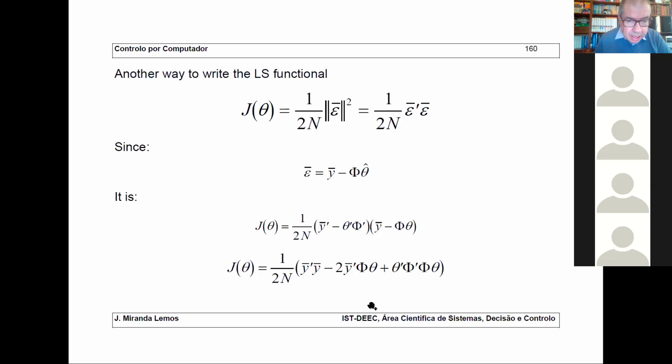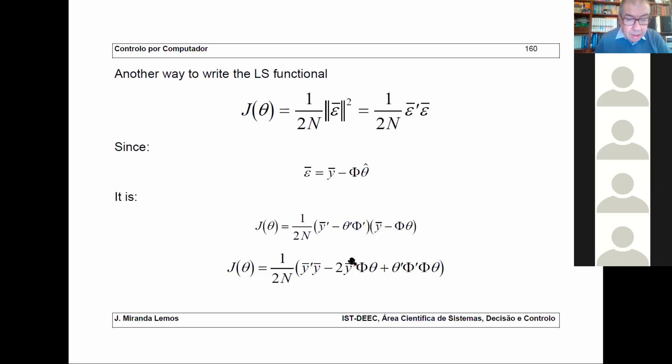And then you should be careful because this is a scalar. J is a scalar. So when you multiply theta transposed, phi transposed by y bar, okay, this is a scalar because here this element is a row, this is a matrix, and this is a column.